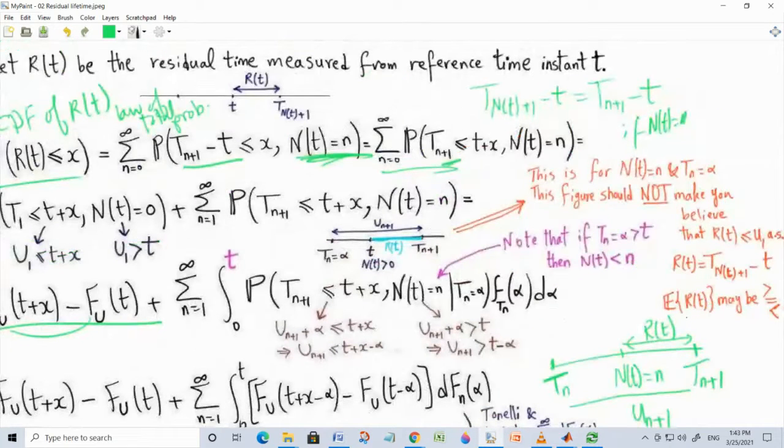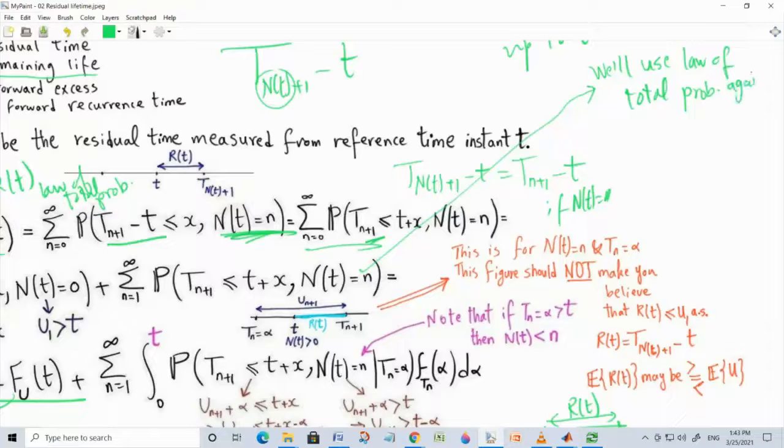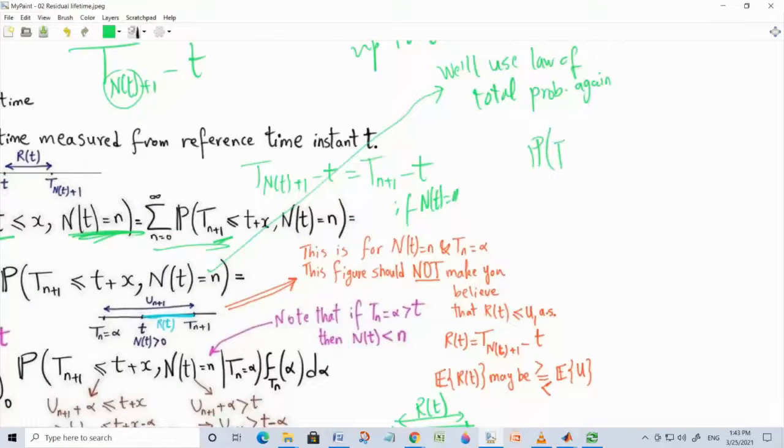Now, we will use the law of total probability again. So we first involved big N of t is equal to n. Now we will involve the time of arrival n. So we will take the probability that T of n plus 1 is less than or equal to t plus x, and N of t is equal to n.